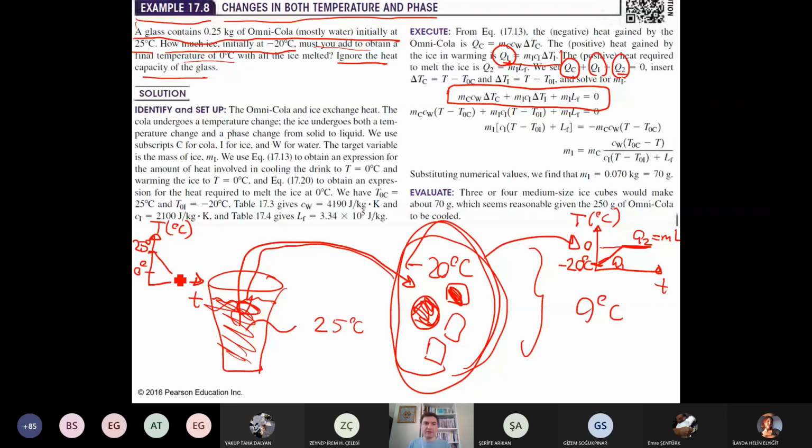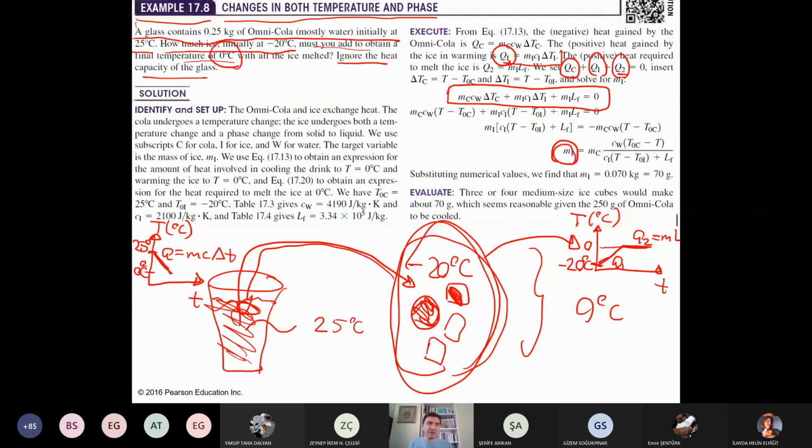So we have just Q = m c delta T. But on the right side, with the ice cubes, we have both: Q = m c delta T and Q = m L. And just put all the numbers here, then you can calculate the required ice cube mass in order to have this final 0 degrees Celsius in the Omni Cola.